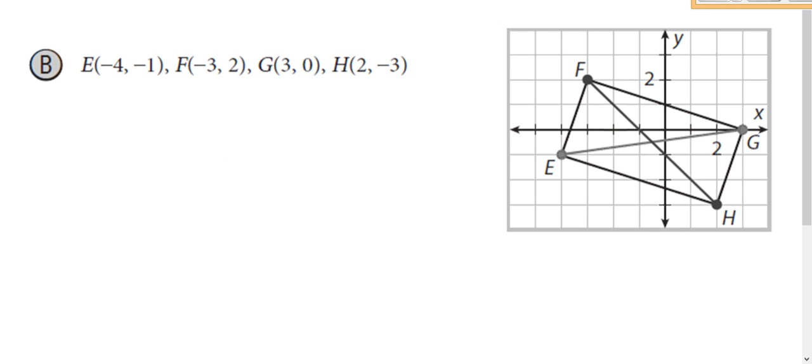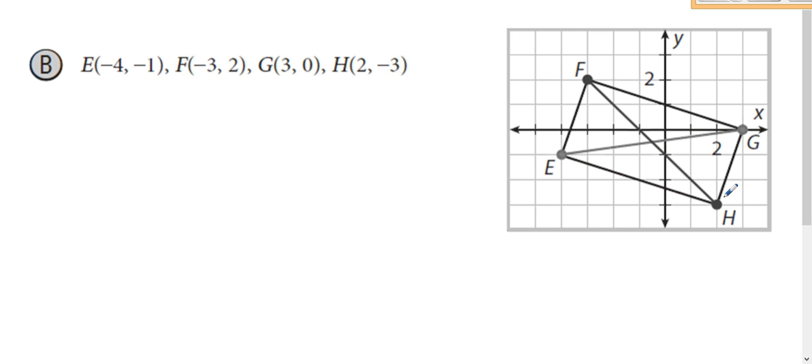Again, for this shape, you want to know whether it's a rectangle, rhombus, or square. It doesn't look like a rhombus, so we can rule that out pretty quick with just checking either the lengths of the sides or the diagonals.